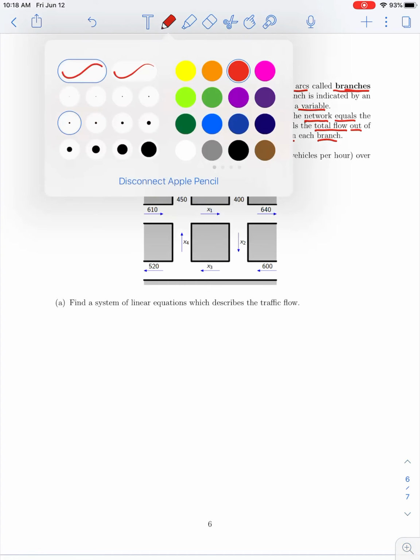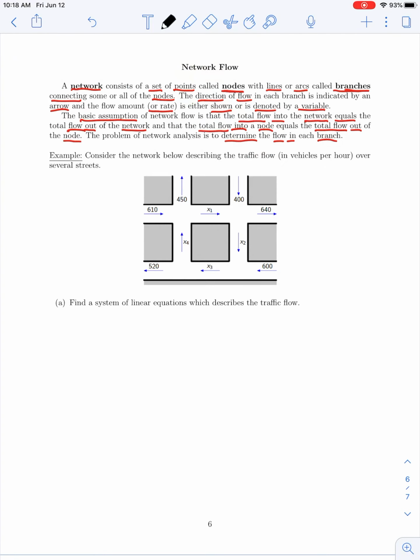So in this problem, let me start by labeling each of my intersections as a node. Here I'm going to label these as A, B, C, and D. My 4 nodes indicating these 4 intersections.